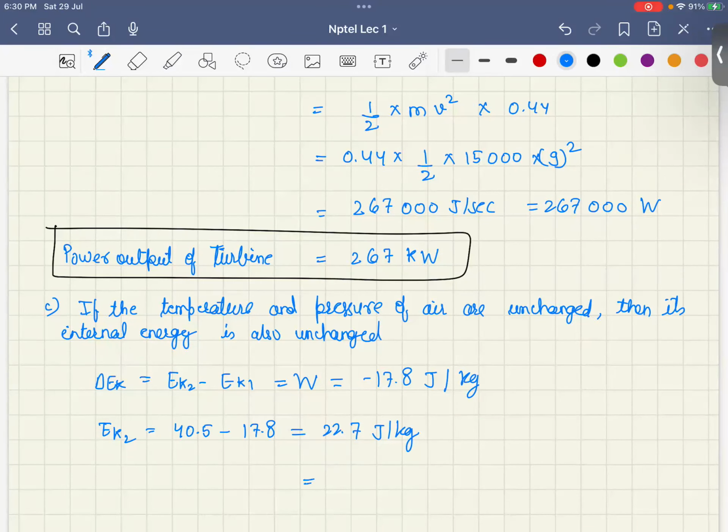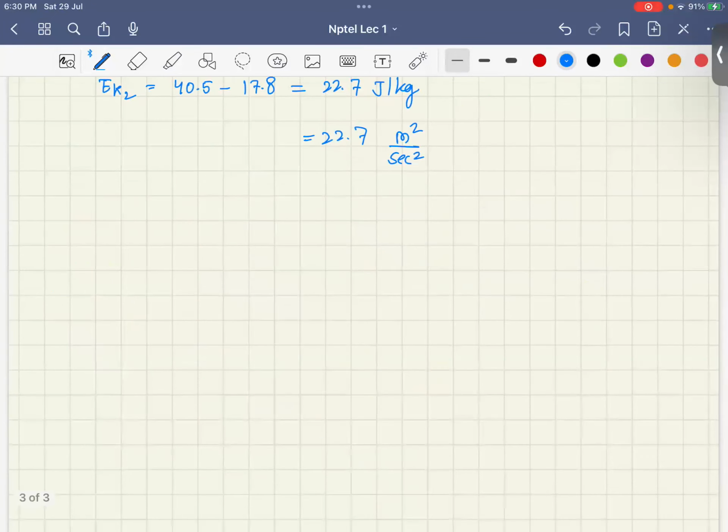Which when we convert into units is 22.7 meter square by second square, right? Therefore, ek2, which is nothing but u2 square by 2, is 22.7 meters square by second square. Hence, when we take u2, we get 2 into 22.7.